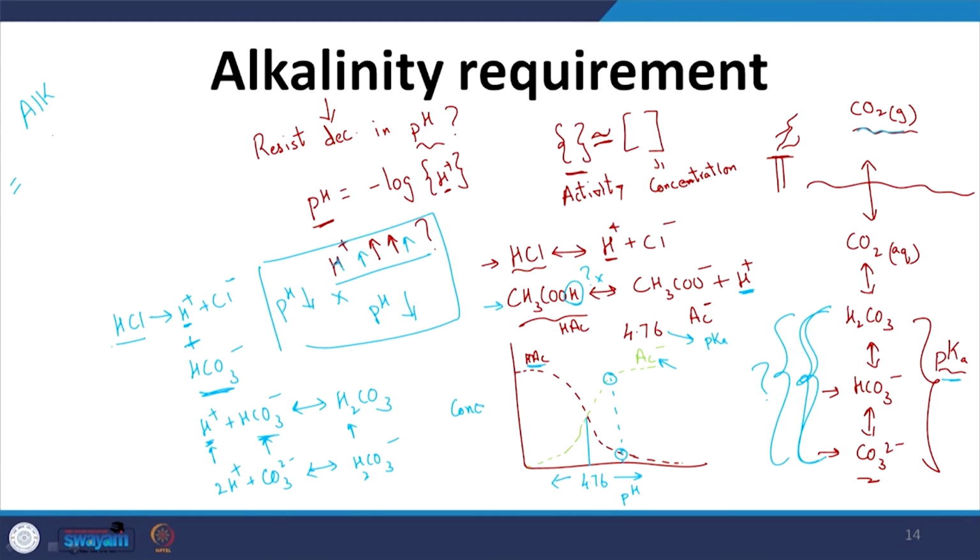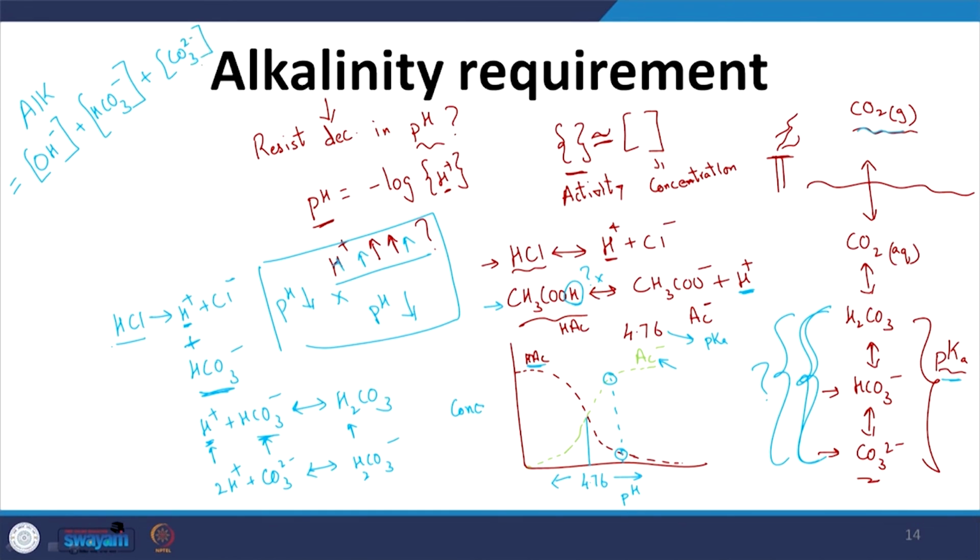What is it going to depend upon? It is going to depend upon the bases that are usually present in water. What are the bases present in water? Obviously, always OH minus, and depending on the system in nature, you will always have HCO3 minus and CO3 2 minus.